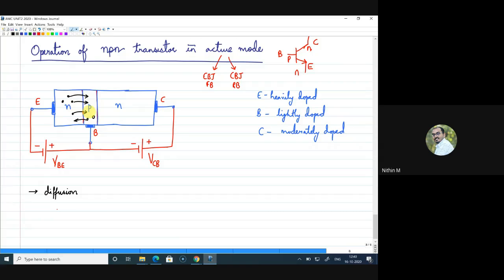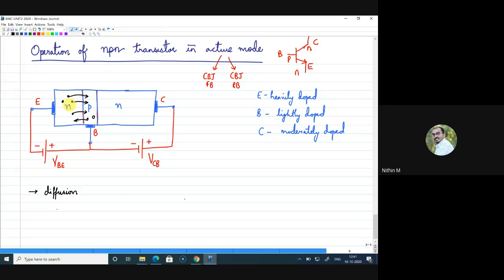But we know that when electrons reach this base region, the base is basically a p-type region where the majority carriers are holes. So when electrons reach the base, they are minority carriers in the base, right?